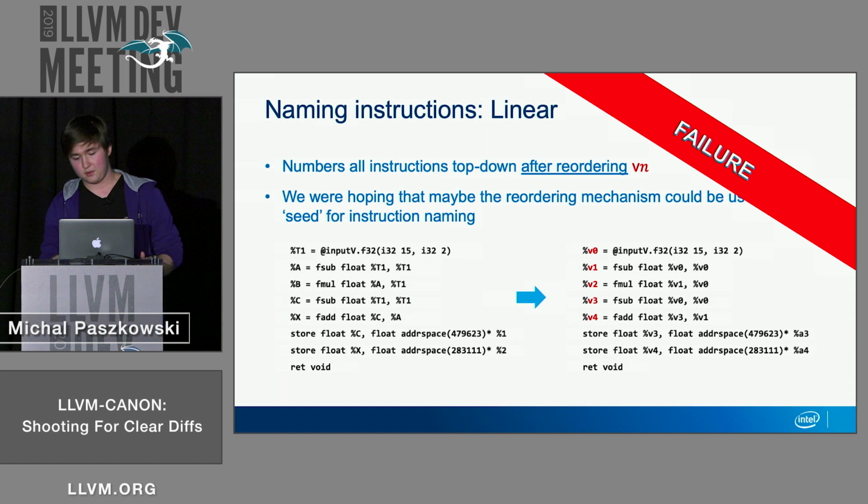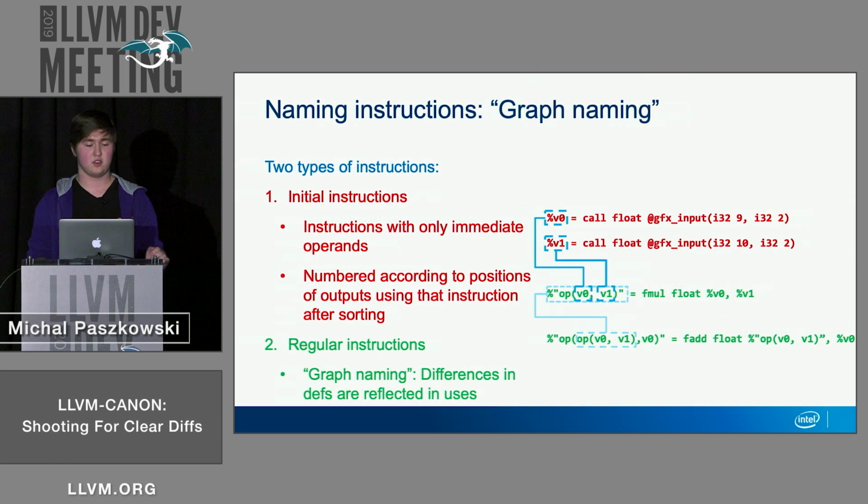So we got an idea that we could use a different approach, something we called graph naming. And graph naming distinguishes two types of instructions. The first type are initial instructions, which are instructions which have only immediate operands.